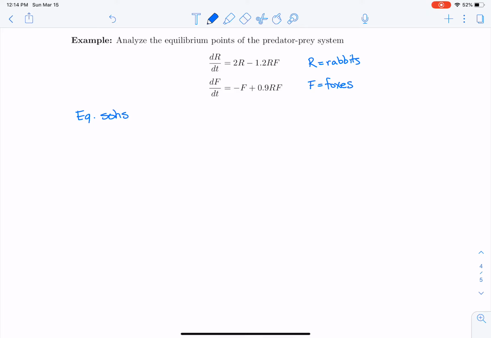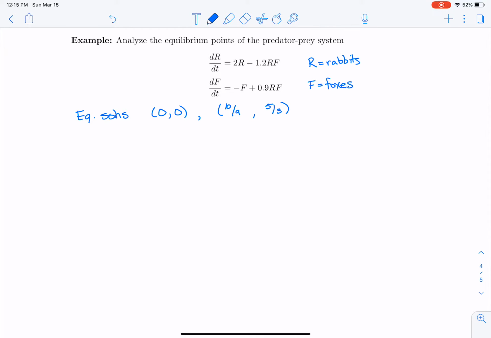Those equilibrium solutions were (0, 0), that's the boring one where nothing happens, and (10/9, 5/3). Those were the two equilibria for the system.